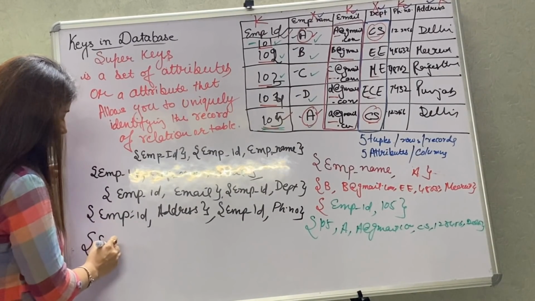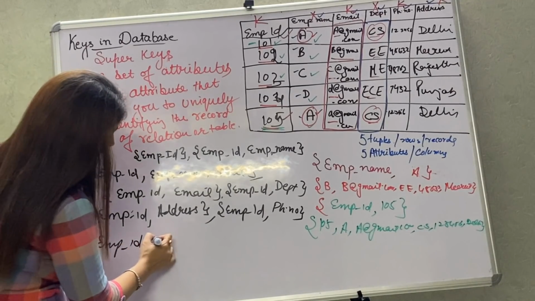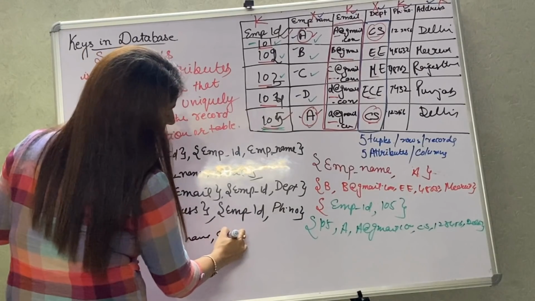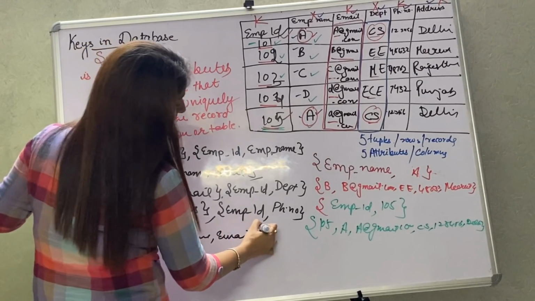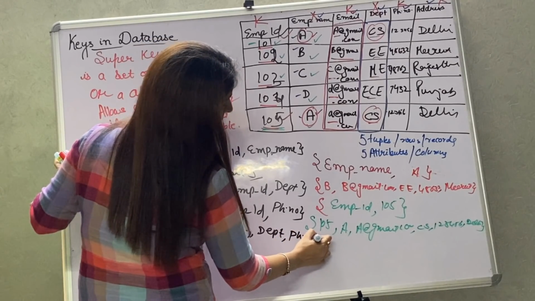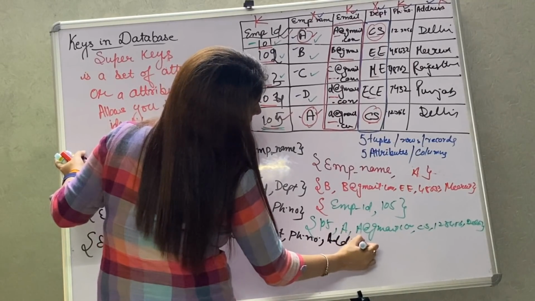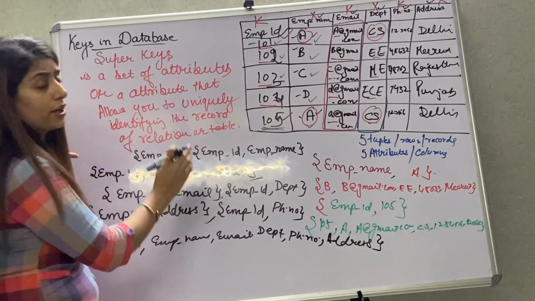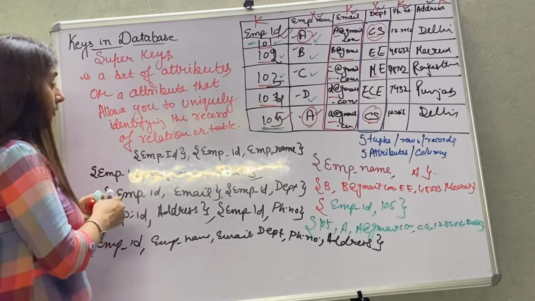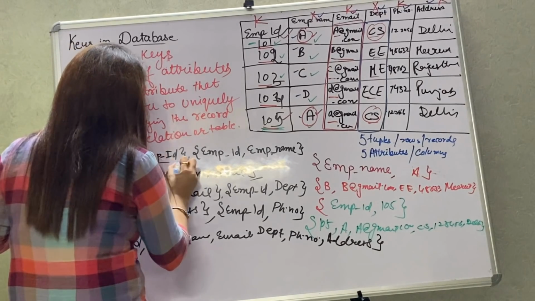Now if I write all the attributes: employee ID, employee name, email, department, phone number, address, this is definitely going to be a super key. How? Because we already know that employee ID is a super key.